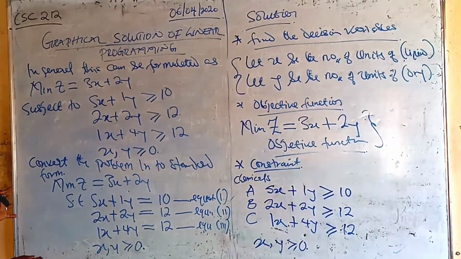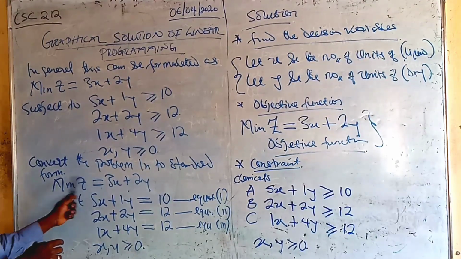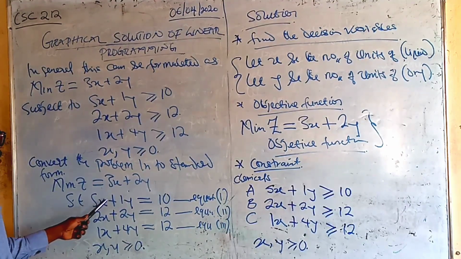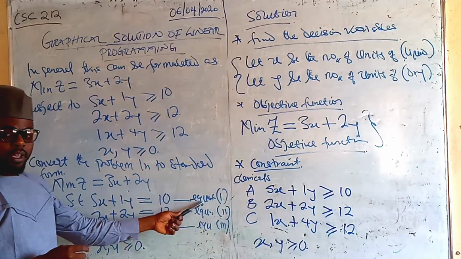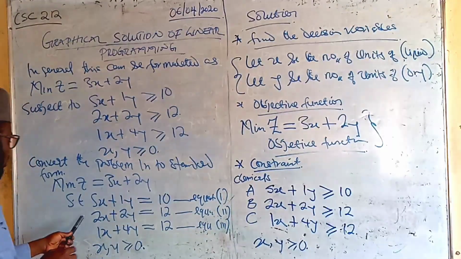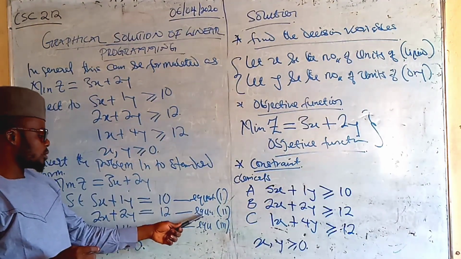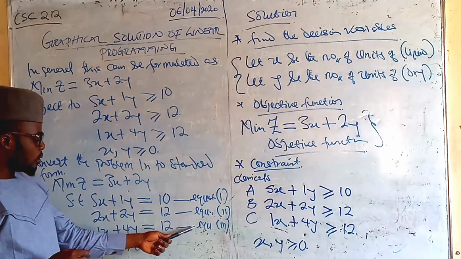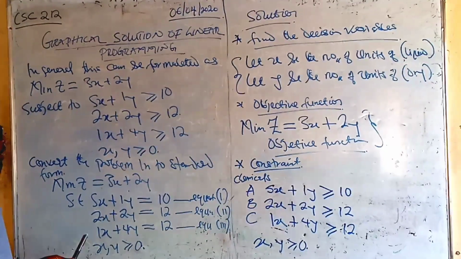So we have converted it into standard form. That is, min z is equals to 3x plus 2y, which is subject to 5x plus 1y is equals to 10, we call it equation 1. Then 2x plus 2y, which is equals to 12, we call it equation 2. Then 1x plus 4y is equals to 12, we call it equation 3, with our x and y greater than or equals to 0.